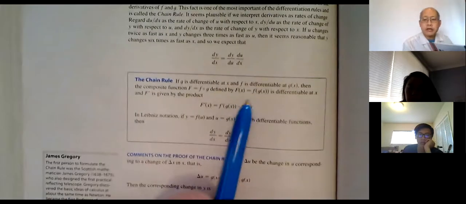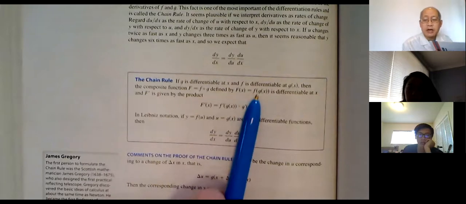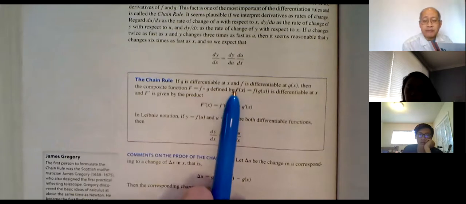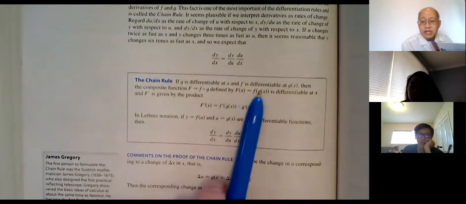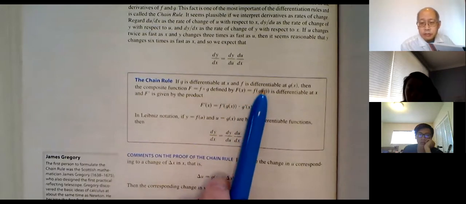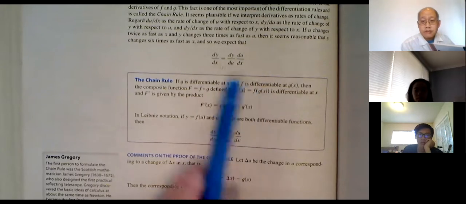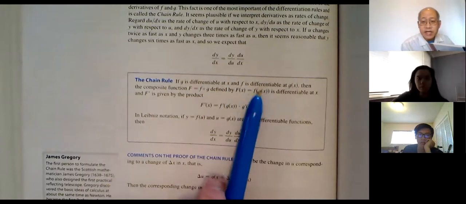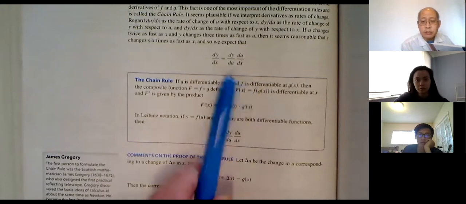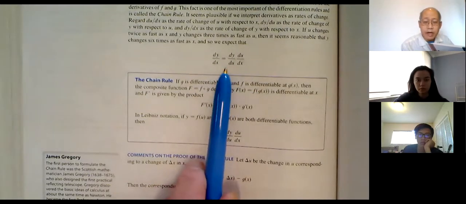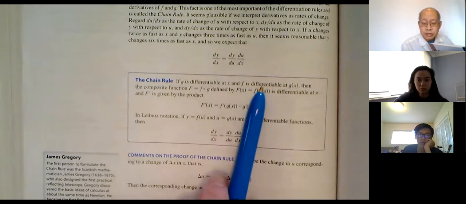So how do you differentiate something that looks like f of g of x? You want capital F prime of x. If I temporarily call g of x u, then to find dy/dx, if I take the derivative of the original function with respect to u, that would be what we normally call dy/du.